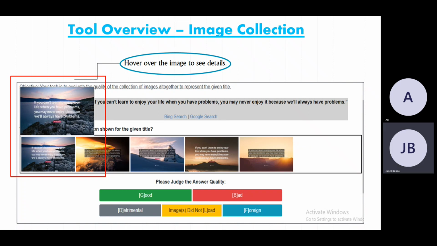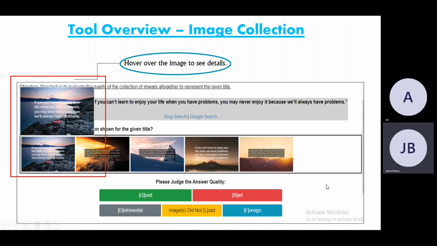So for a better view, all we need to do is simply hover the mouse on a particular image which you want to look into, and that image will pop out, or expand, for a clear view.